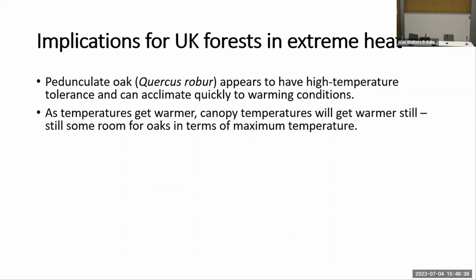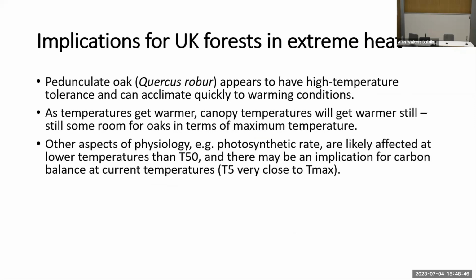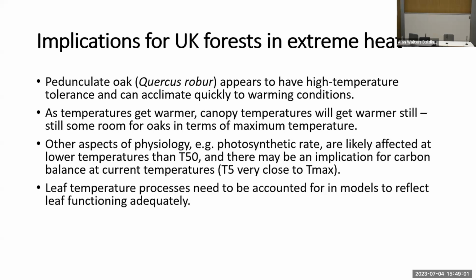As temperatures get warmer, canopy temperatures will get warmer, and some oaks will be able to tolerate to a higher level. The increase in tolerance will also have an effect on some of the physiological processes of plants, which needs to be considered in carbon balance and in current temperature analysis.